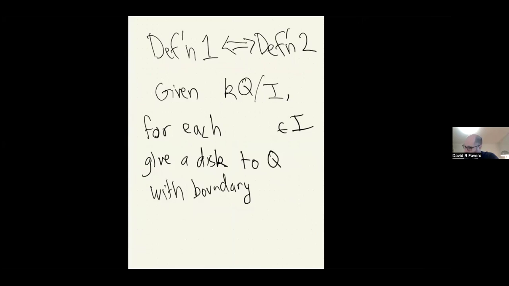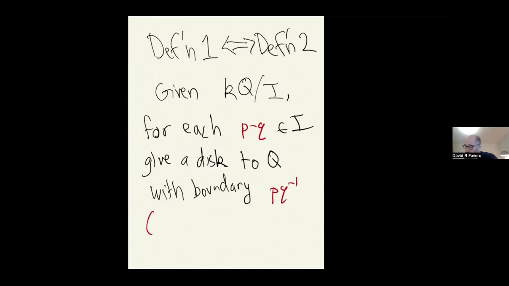Well, for each p minus q in I, just glue a disk to the quiver Q, which you can think of as a graph, a topological space, with boundary p q inverse. So there's a topological space that will give it to you.